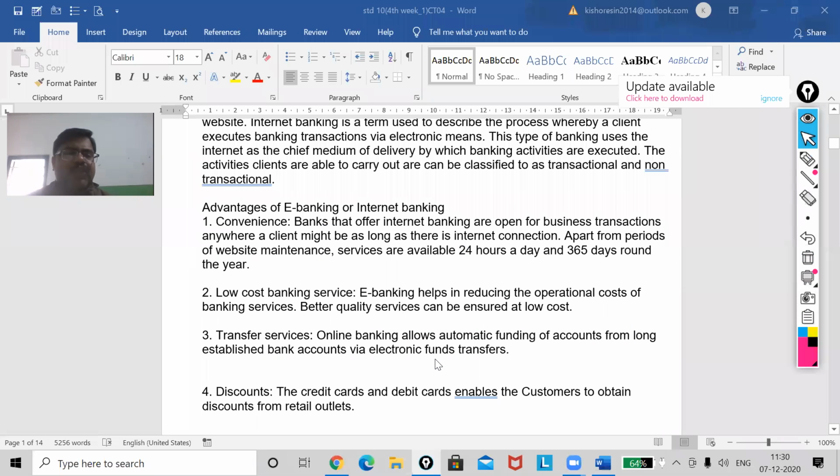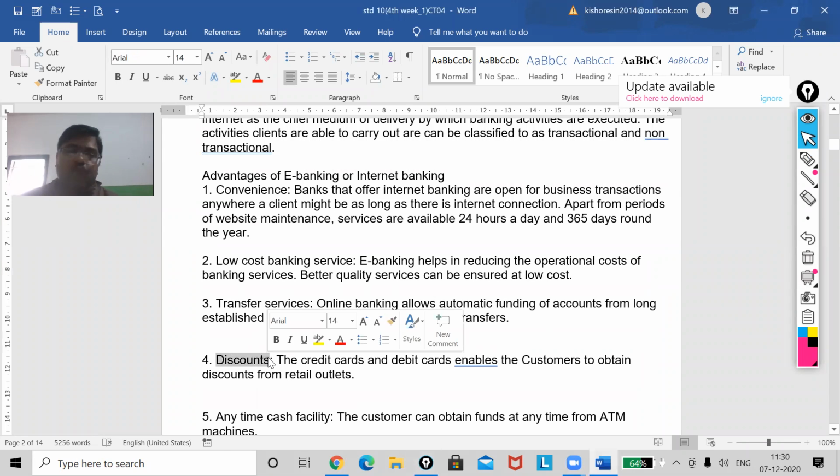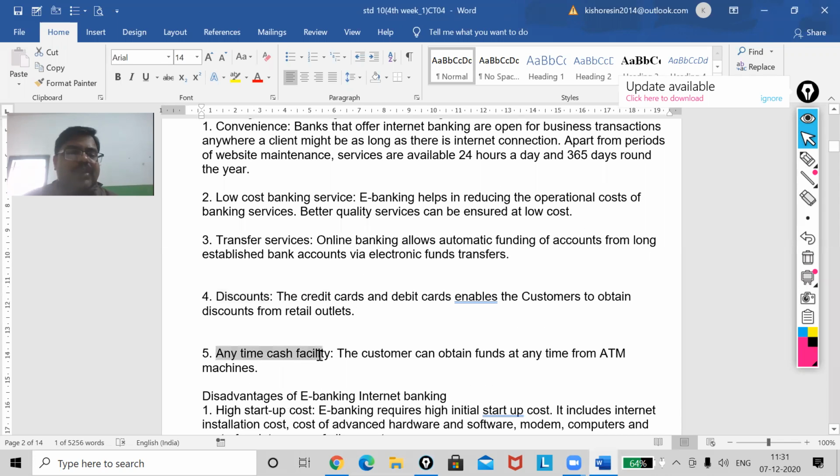Next one is transfer services. Just now I have already discussed. Now discounts also. Why discounts? When you are going for e-shopping, if you have your credit card of ICICI, HDFC, there you get an additional 5% discount. Understood? So this type of services you also get. Now, anytime cash facility.